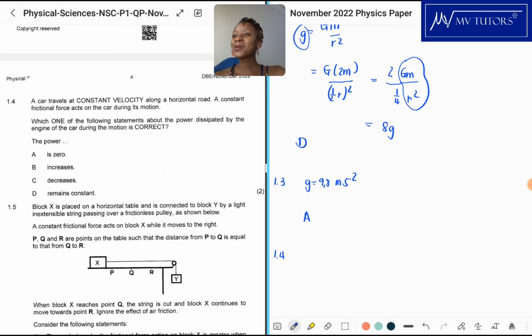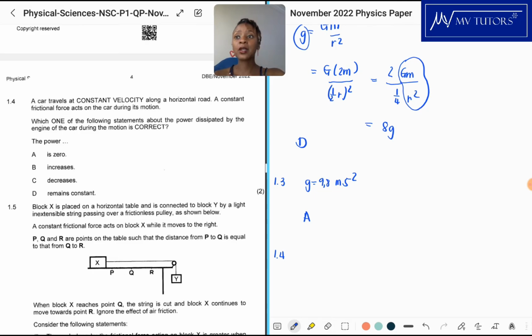1.4. A car travels at constant velocity along a horizontal road. Constant velocity tells us there's no acceleration, right? Now, a constant frictional force acts on the car during its motion. Which one of the following statements about the power dissipated by the engine of the car during the motion is correct?